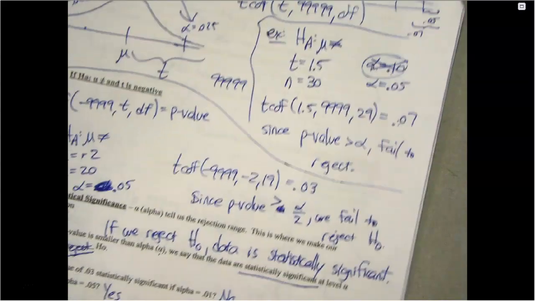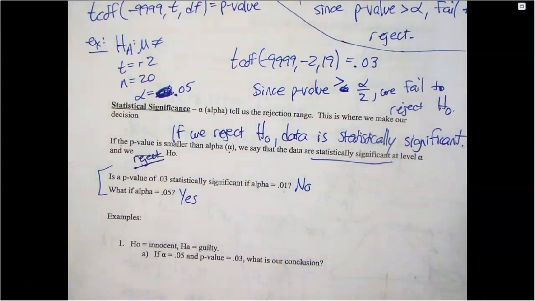Alright, I want you to try the next three. I'm not sure how it's going to go. We'll see. It might be hard. I'll put the answers up, I'll walk around and help, and we'll try to figure it all out.